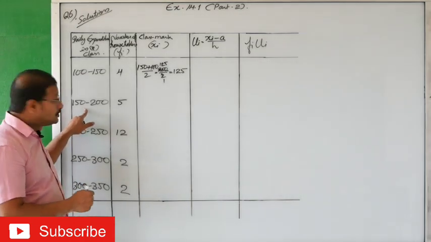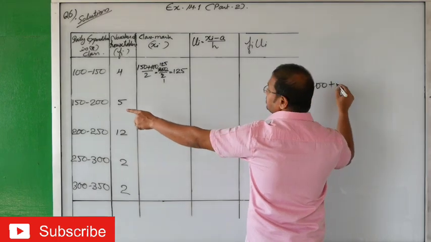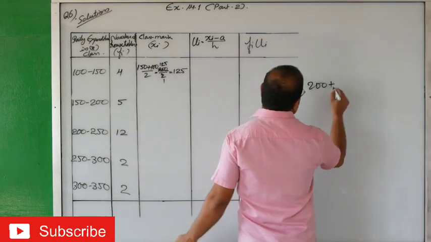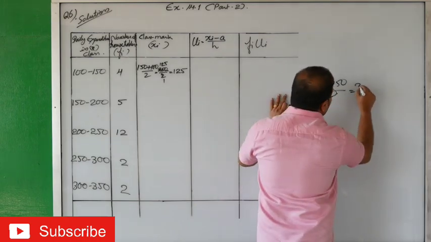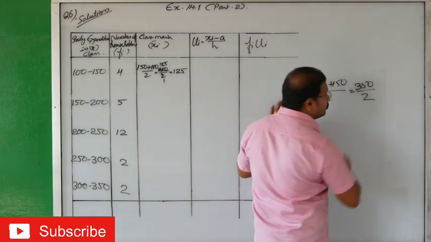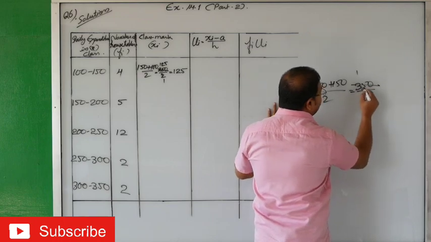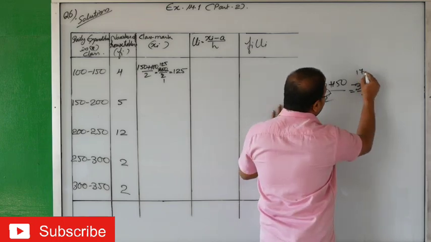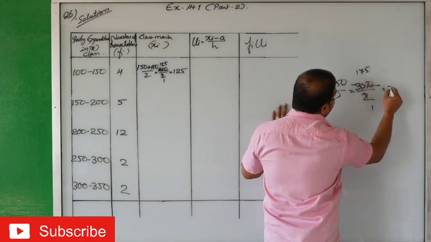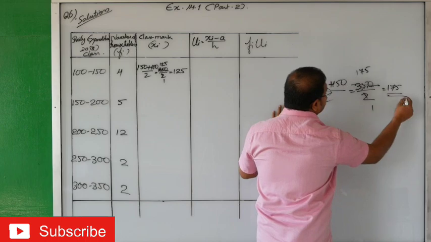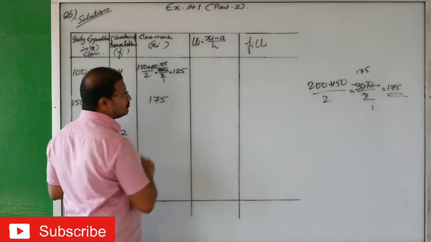Next what will you do? Same way we will add. 200 plus 150 divided by 2 equals 350 divided by 2. 2 ones are 2, balance is 1. 1 means 15. 2 sevens are 14, balance is 1. That means 10. 2 fives are 10. That means 175. So the second will be 175.